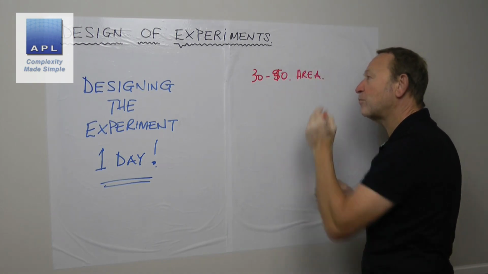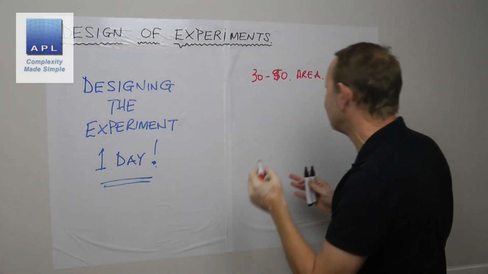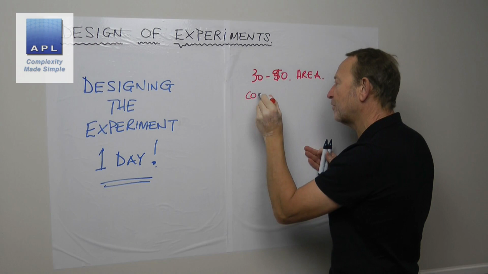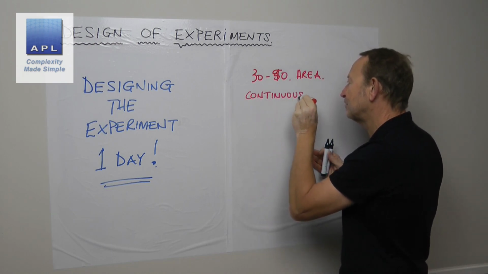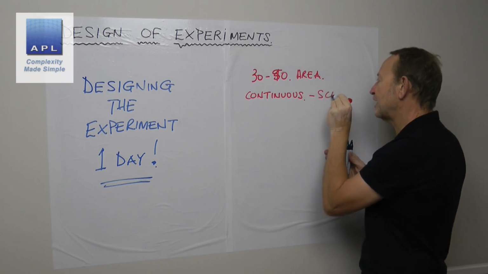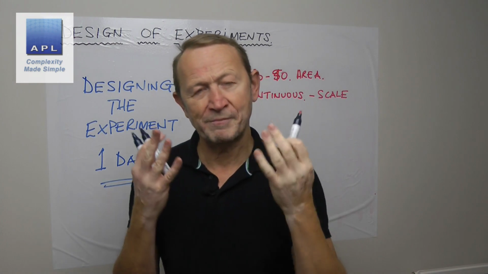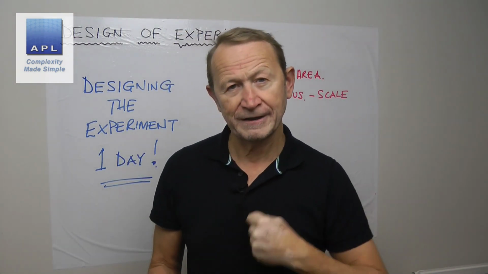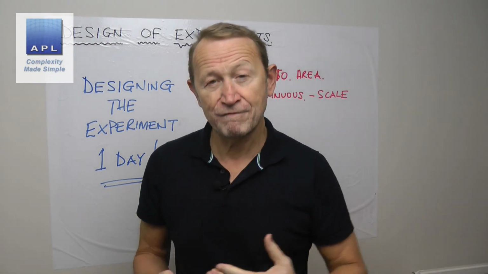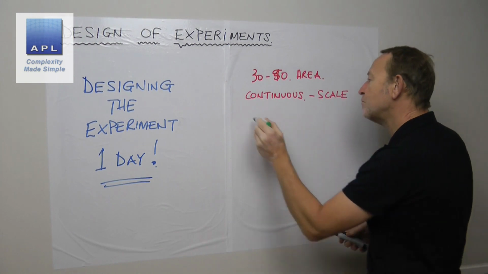Now that sample size is based on the fact that you are measuring something. So we talk about that type of data being continuous. In other words, it's on a scale. We're measuring millimeters, we're measuring strength, we're measuring hardness, we're measuring volts, that type of thing. We're on a scale.